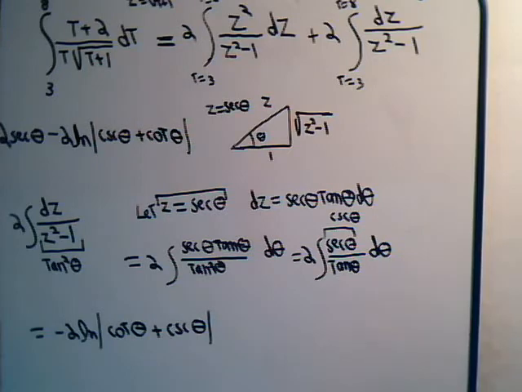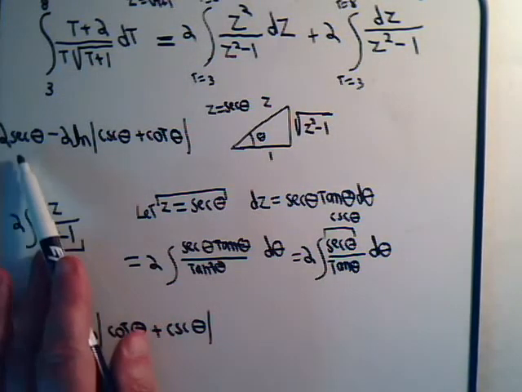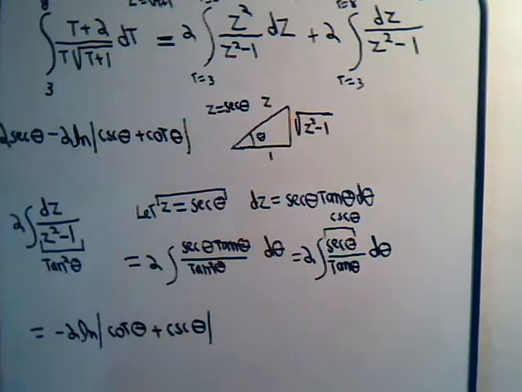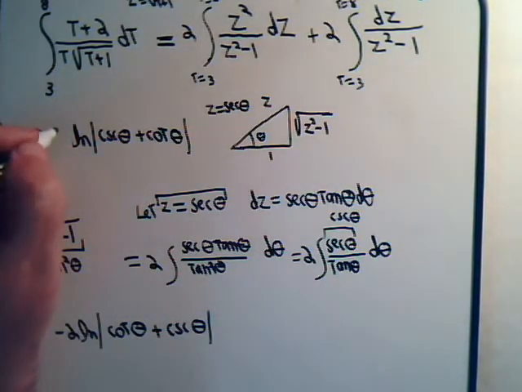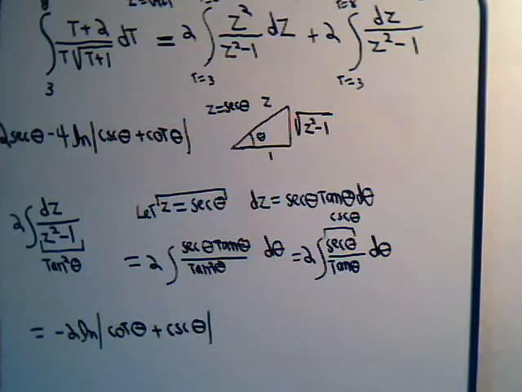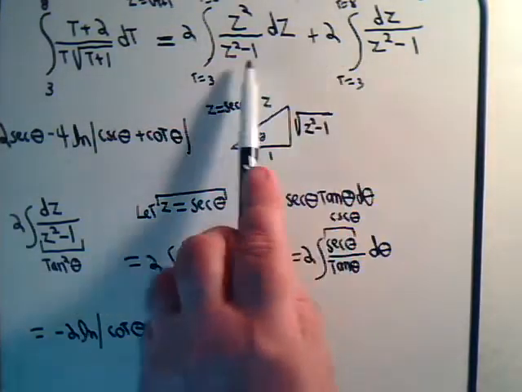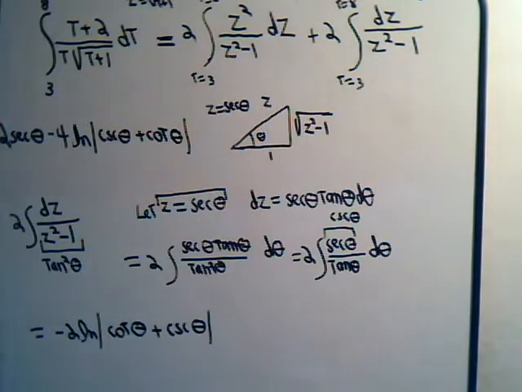So this integral here is minus 2, so it'd be 2 secant theta minus 2 times this minus 2 times this, or just minus 4 times this, and that would be with these two integrals combined now.